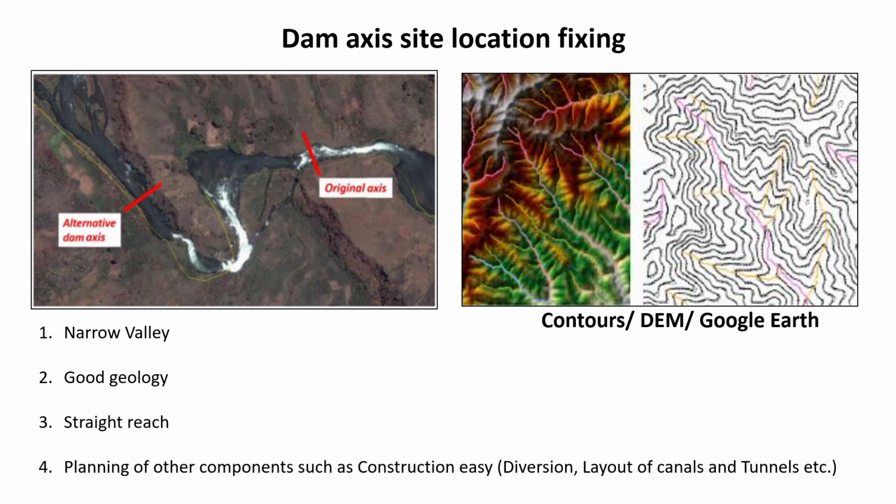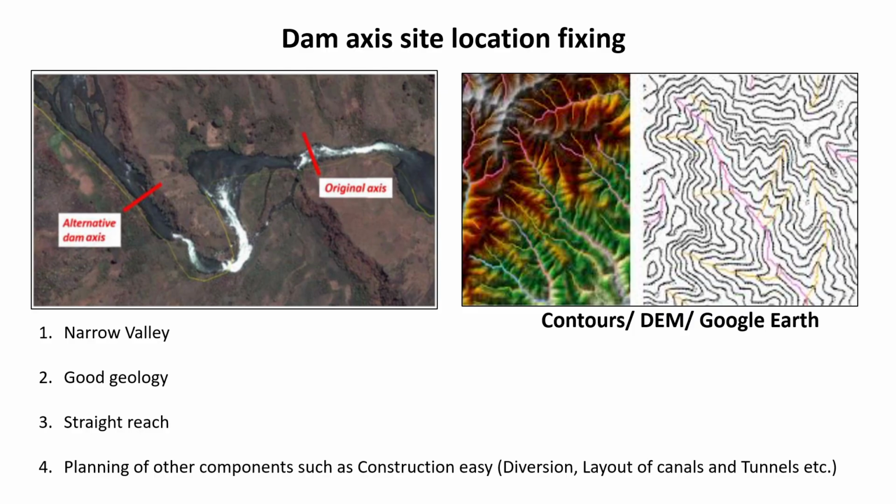When we compile the above information, the dam axis needs to be selected based on these aspects. The valley should be very narrow, because wide valleys require more material, hence an increase in cost. Further, dam locations are preferred where rocks are exposed or geology is good compared to other alternatives. As far as possible, a straight reach of the river is selected for the dam axis.